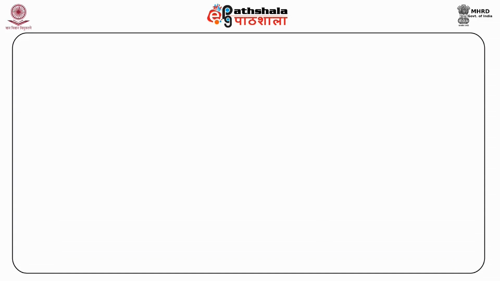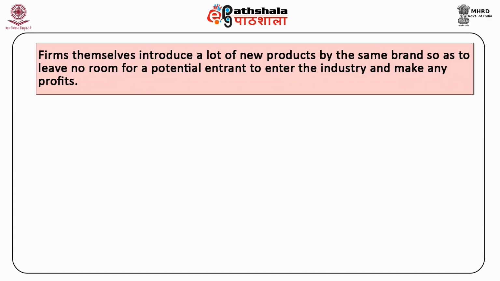In other instances, firms themselves introduce a lot of new products by the same brand so as to leave no room for a potential entrant to enter the industry and make any profits.